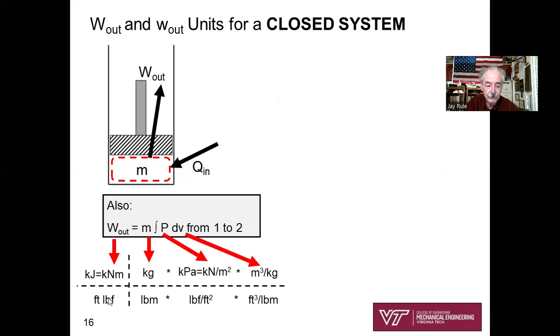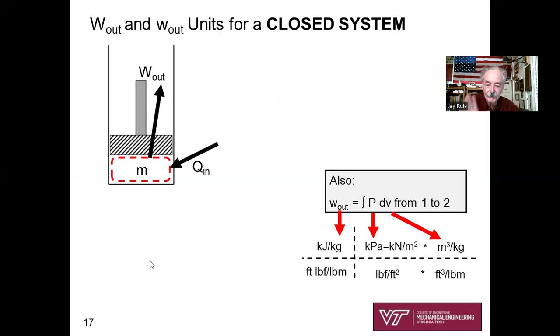Work out in foot-pounds force, mass in pounds mass, pressure in pounds per square foot, not pounds per square inch, times incremental change in specific volume, d little v, in cubic feet per pound mass. So by inspection, you can see that the units are working out correctly.